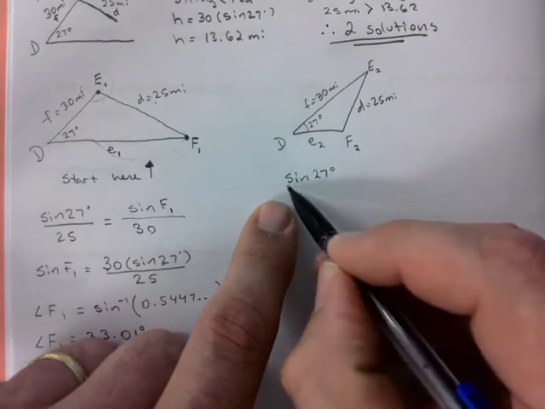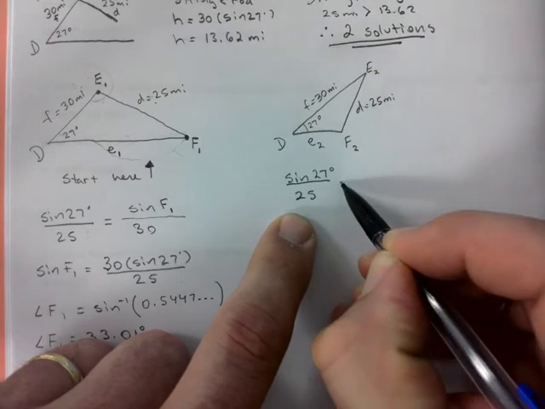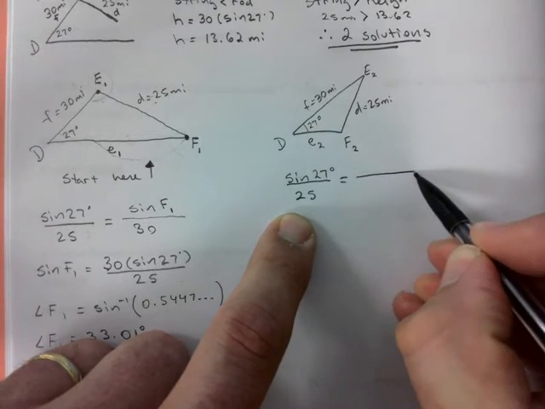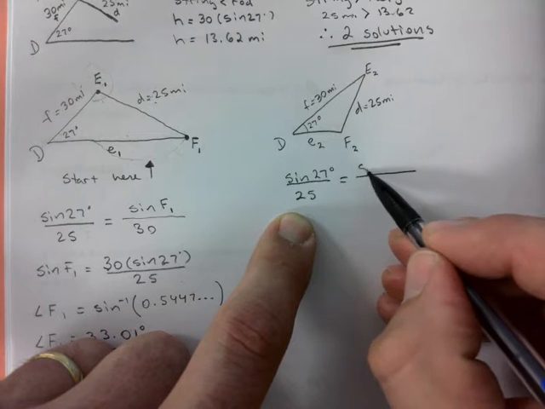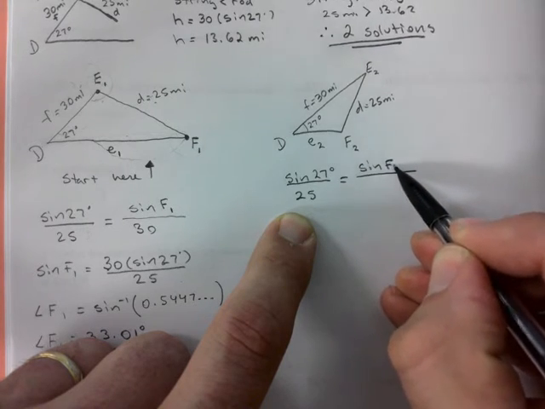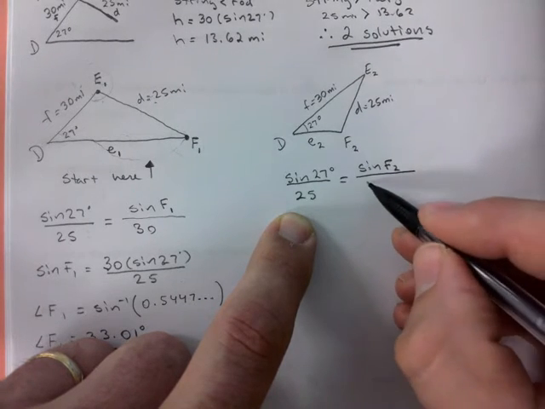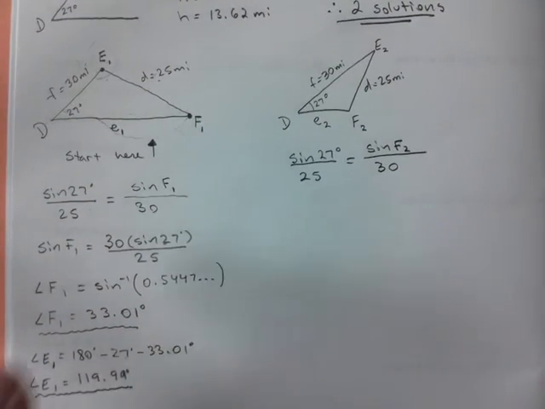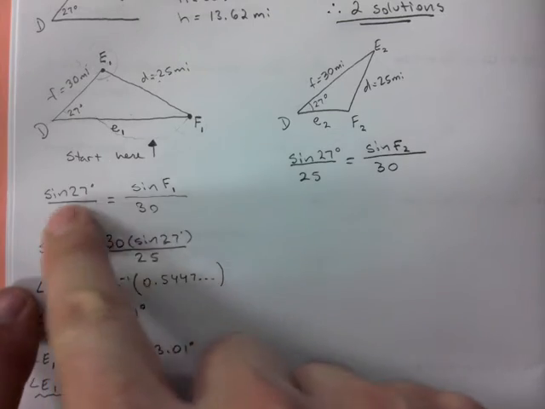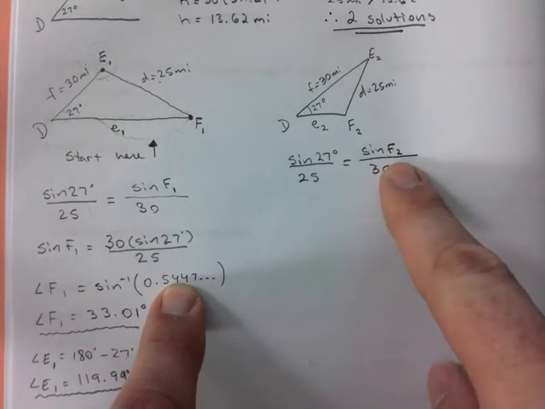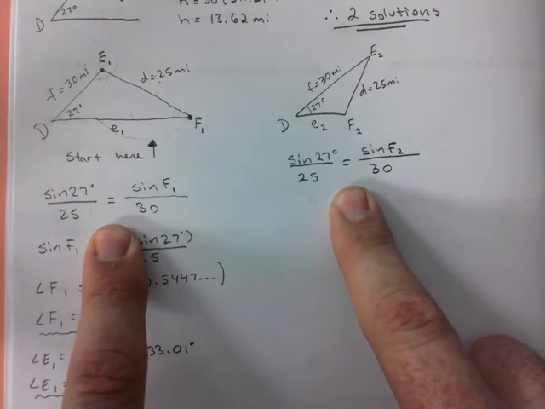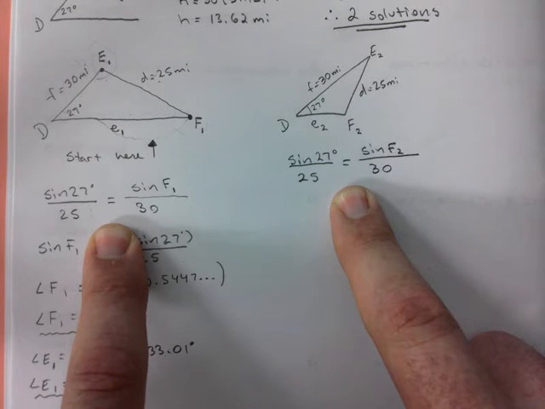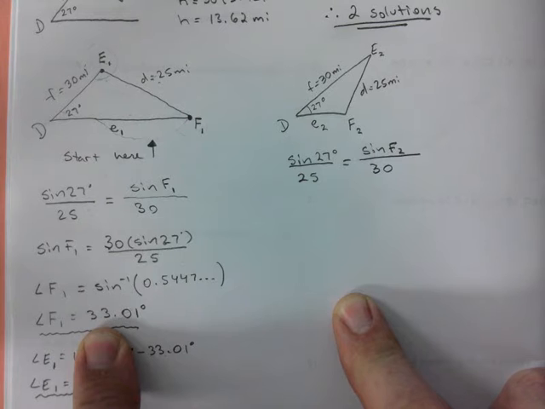Sine of 27 over 25 is equal to sine of F2 over 30. What do you see? Like this setup versus that setup. Isn't it exactly the same? So why bother? Like, are we going to get the same answer? Yes, we are. We're going to get the same answer.